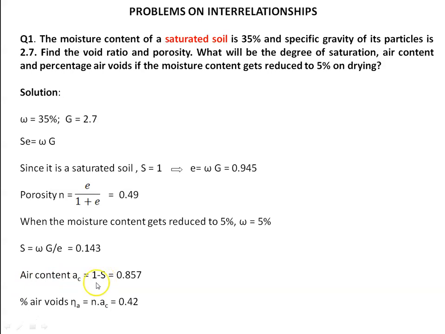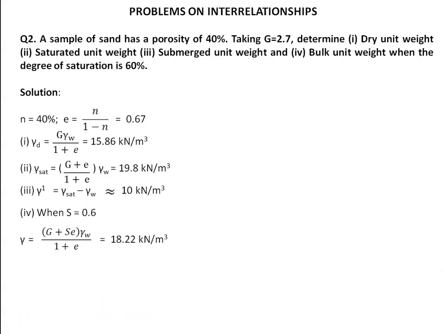Then percentage air voids is the product of porosity and air content. We can take the air content as 0.857 and porosity, which is already calculated, as 0.49. So from this product we can find the percentage air voids, which is 0.42.